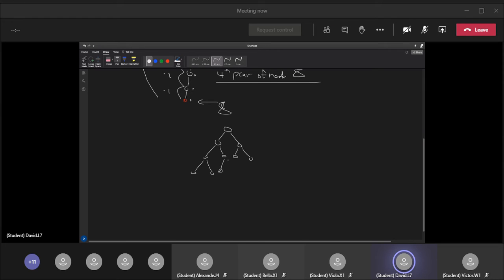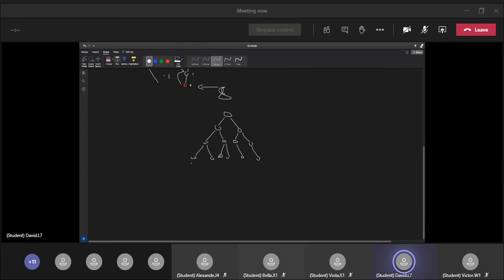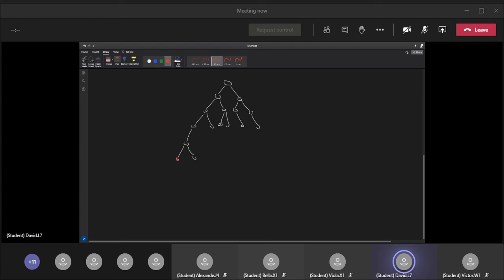I'm just drawing it as a binary tree because it's easier to draw. Okay, cool. So now let's say, once again, we want to find the LCA of these two red nodes. So we know their depths. This is depth 0, this is depth 1, 2, 3, 4, 5.